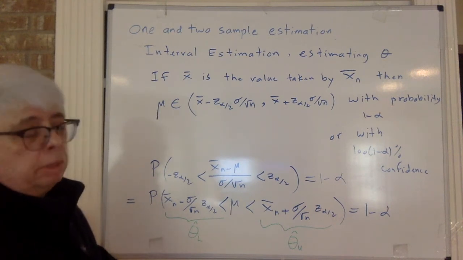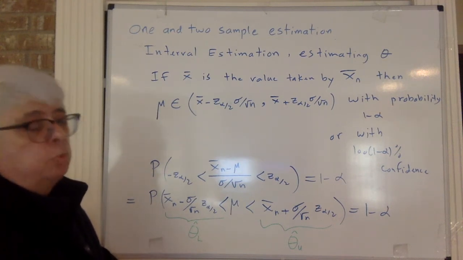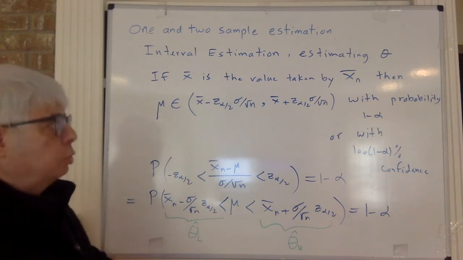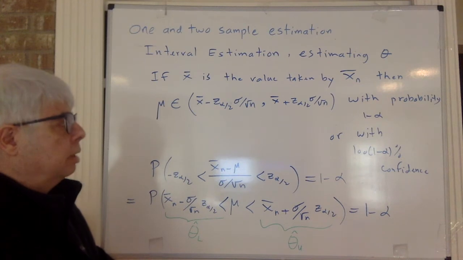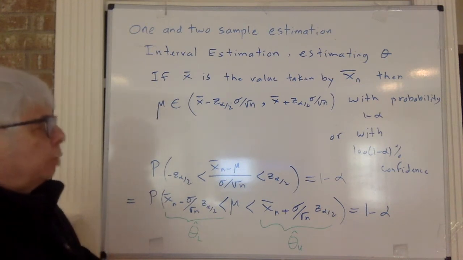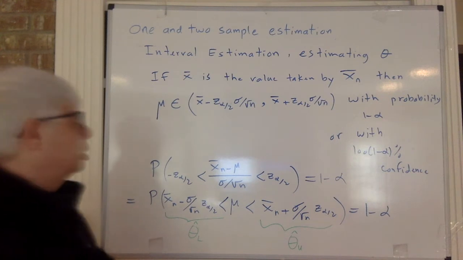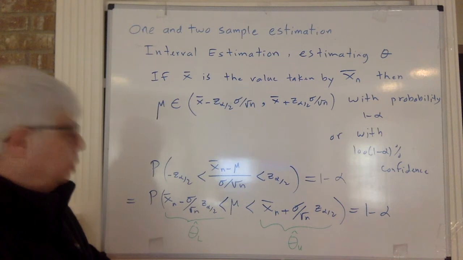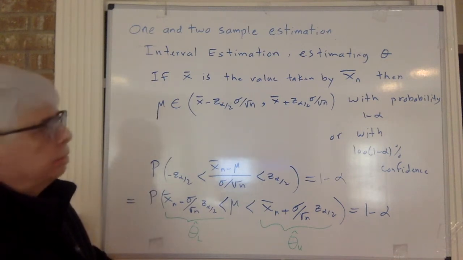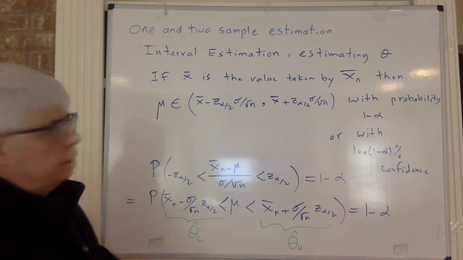I mean, it means that you find values for those xi's, in a sense, or you assign values to those xi's, and then find x bar n, and the value of that x bar n is this small x bar here. So this means that if I find x bar, then mu lies in this interval with probability 1 minus alpha.